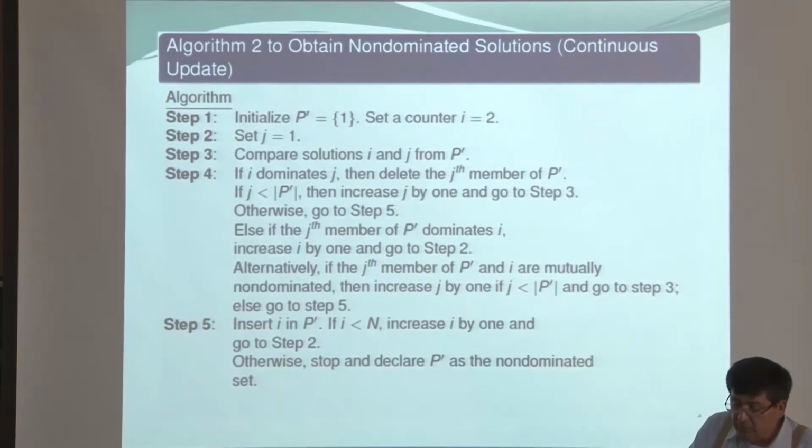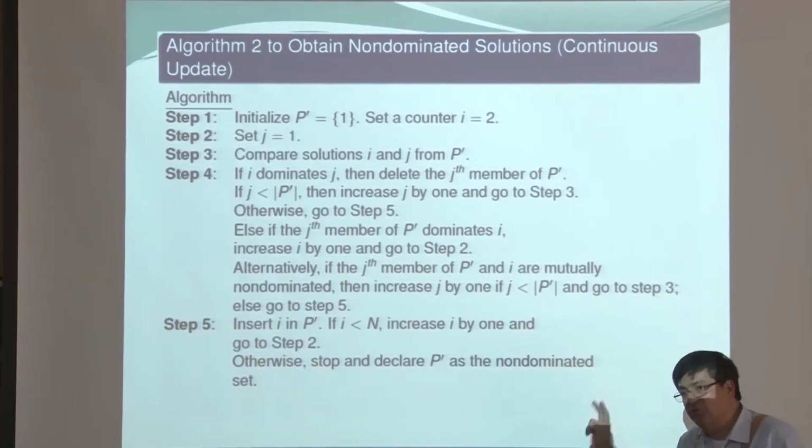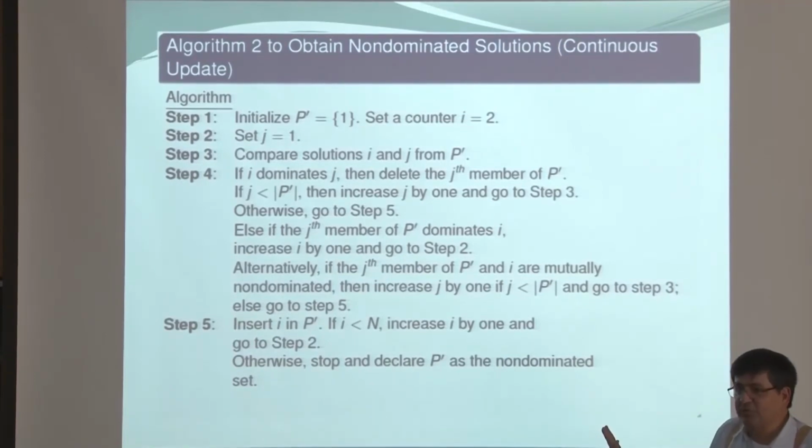And it turns out solution 8 dominates solution 2. And that's it for solution 2. You have to remove solution 2 from the set. So now we have 1, 3, 4, 5, 6. And then j equals 3. I remains the same, it's still 8. And we continue checking 3, 4, 5, 6.